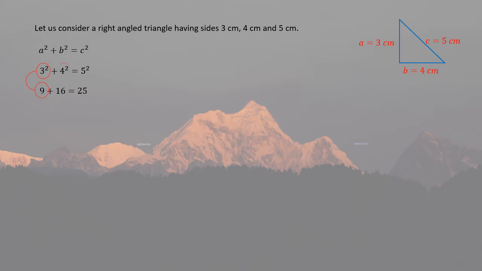Now 3 square is 9 and 4 square is 16 and 5 square is 25. 9 plus 16 is 25, and on the right hand side we have 25. So we see that when we square and sum, then we get 25 each on LHS and RHS, which are equal to one another. So we say 3, 4, 5 satisfies the Pythagoras theorem, or we can say 3, 4, 5 are the Pythagorean triplet.